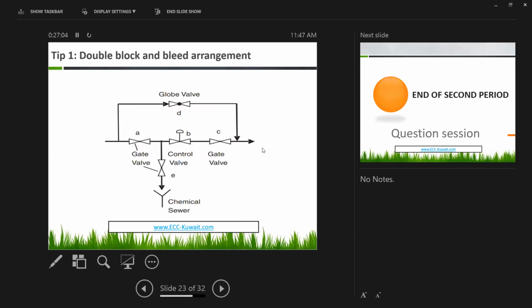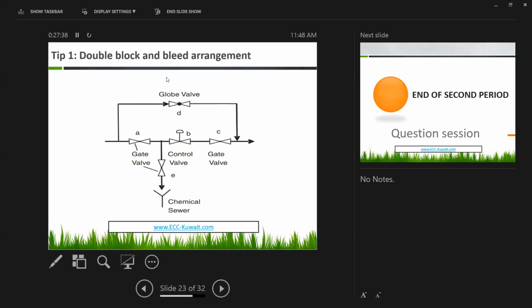Now I want to give a tip, or the full discussion, for this arrangement. First of all, we have a control valve. We depend on this valve basically to control the control variables, for example, flow rate, temperature, etc. If this control valve has a failure, what can we do as engineers?